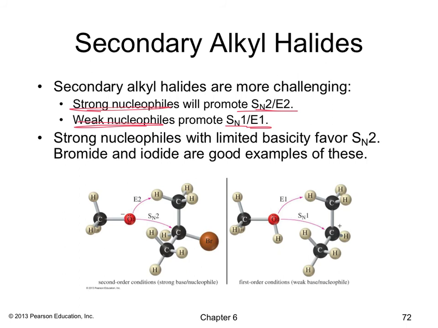So here's an example in which you have a strong nucleophile on a secondary bromide. This will undergo E2 or SN2. In the case of a weak nucleophile such as this methanol, you're going to have it undergo E1 or SN1.